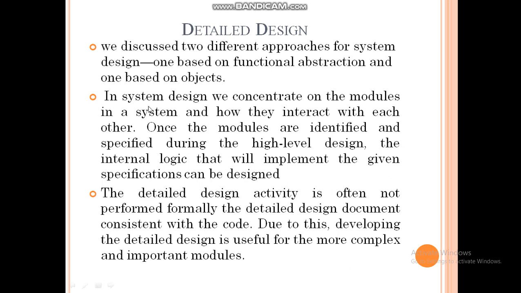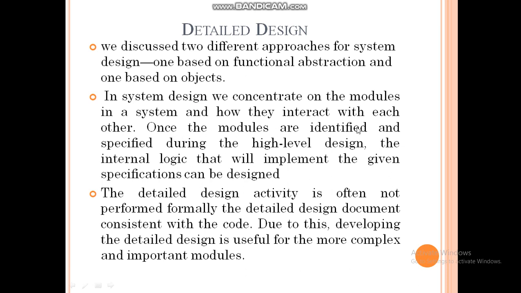objects. In system design, we concentrate on the modules in a system and how they interact with each other. So the main purpose of system design is to specify how one object interacts with another object.